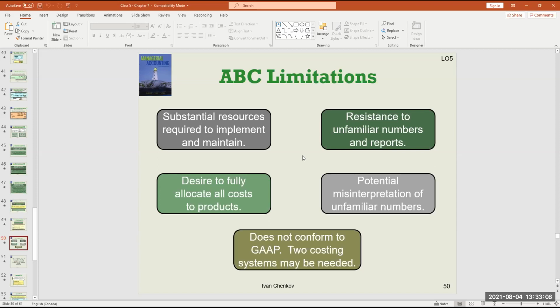Excuse me. Yes. I'm sorry to disturb you, but I have a question related to that. Nowadays, there are many companies, so do they prefer the ABC or the traditional method of costing? It depends on the company. If it's a small company, they're going to go with traditional costing. If it's a big company, and the benefits of using activity-based costing are more than the cost, they're going to go with activity-based costing.